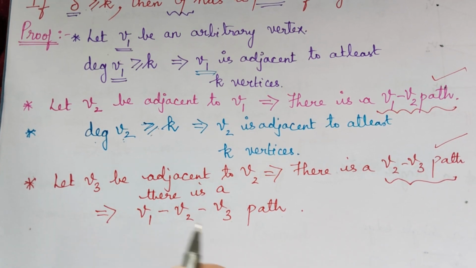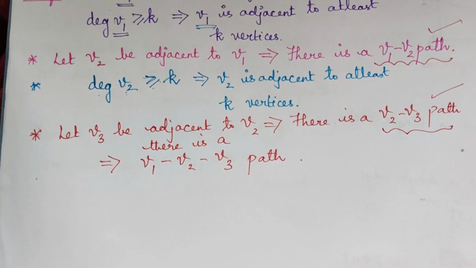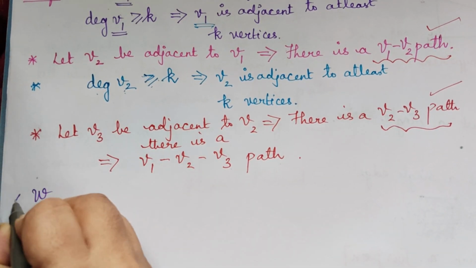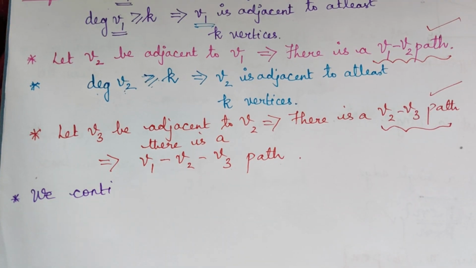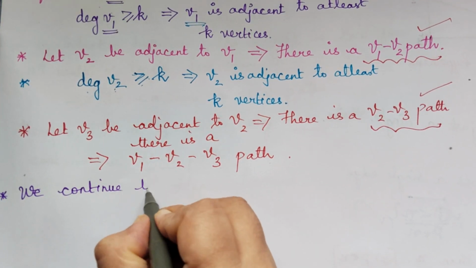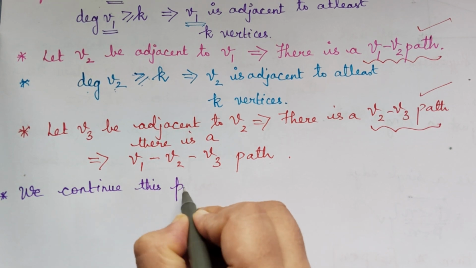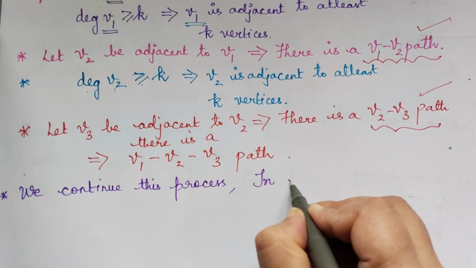And as we keep on proceeding this process, what happens? We can generalize it. So we continue this process, and as we continue, we can write in general.